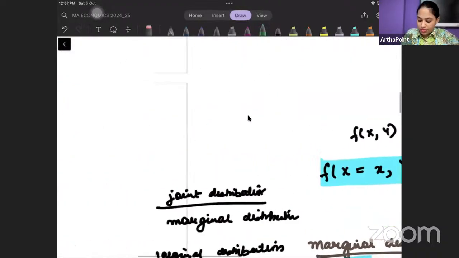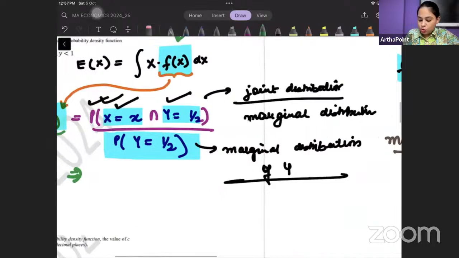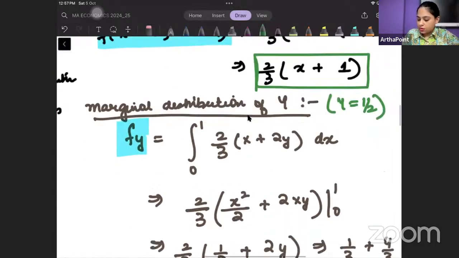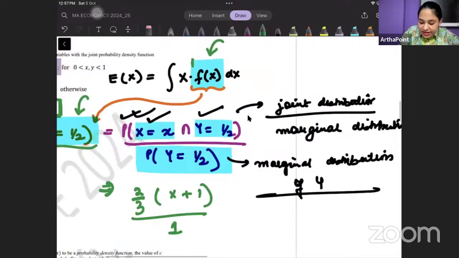So this probability, ultimately, will come out to be 2 by 3 (x plus 1) upon 1. This is the final probability that needs to be plugged in here. Then you will find the expected value. Should I repeat this question?